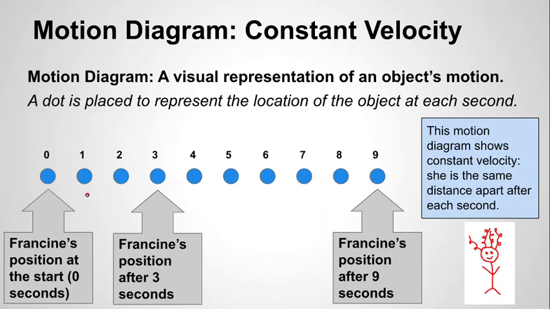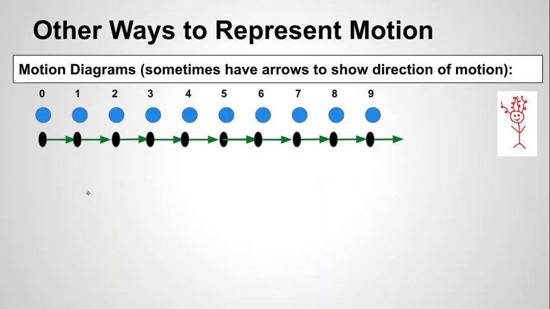So sometimes we have a motion diagram that uses dots, and they could be black or blue or any color you want. And those motion diagrams just show the dot to give you an idea of how far apart the objects are. You could also have a motion diagram that has arrows. So this is an example of the same motion diagram, but using velocity vectors.